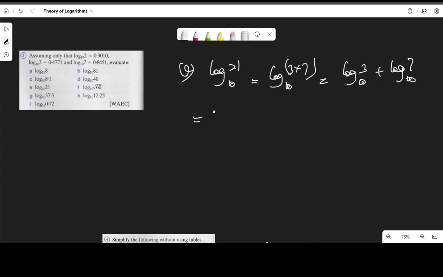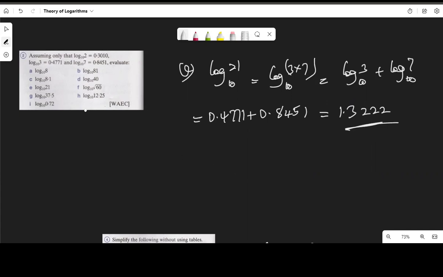That will be log 3 to base 10 is 0.4771, and log 7 to base 10 is 0.8451. Let's add up these numbers together. 0.4771 plus 0.8451 is 1.3222.